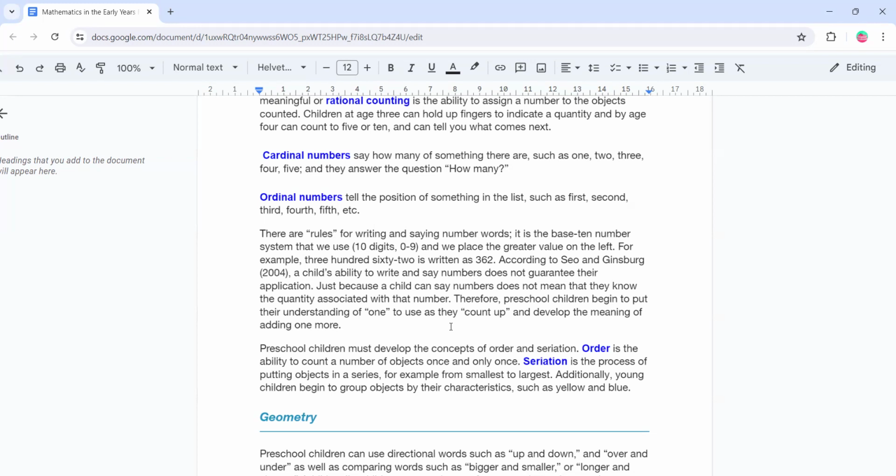Order is the ability to count a number of objects once and only once, whereas seriation is the process of putting objects in a series, for example, from smallest to largest. Additionally, young children begin to group objects by their characteristics, such as yellow and blue. Okay, so I think you got the understanding of order and seriation.